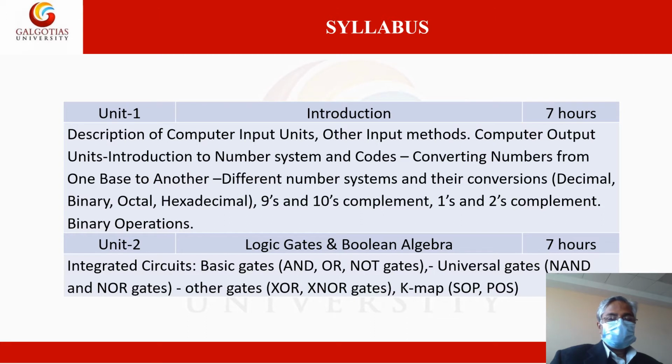Now here comes the syllabus of this course. As I told you, there are 6 units in this course, and unit 1 is Introduction. It is supposed to be covered in 7 hours.